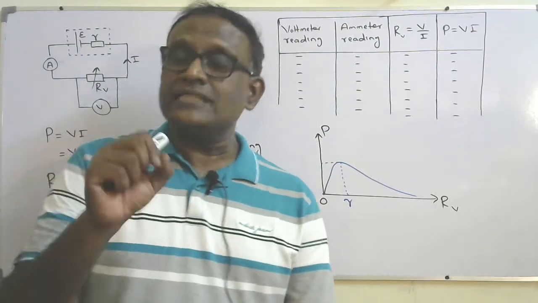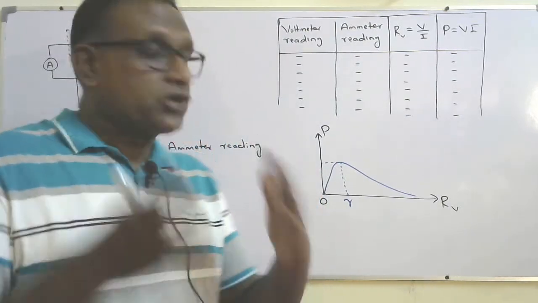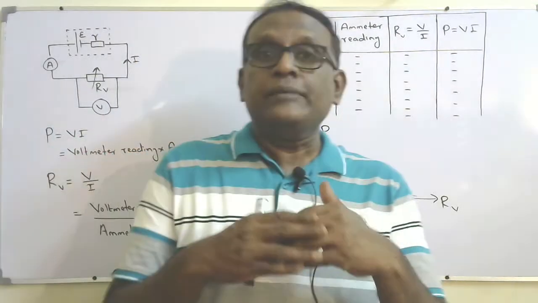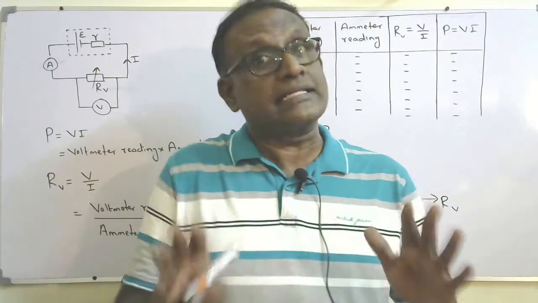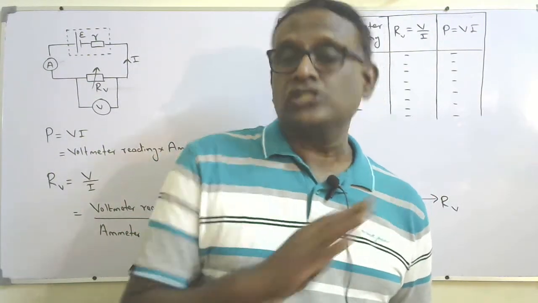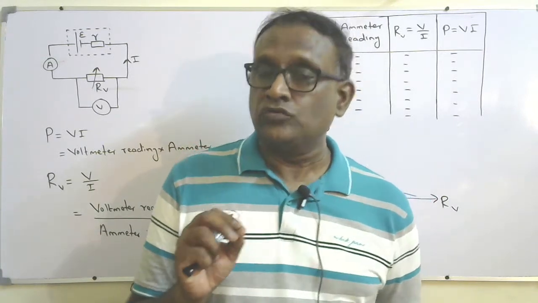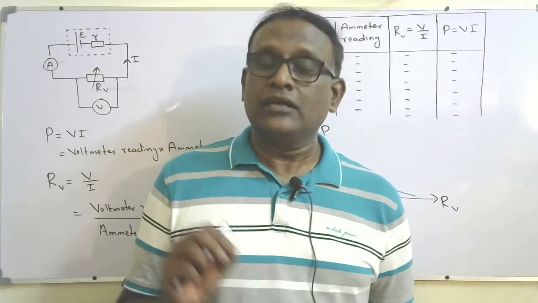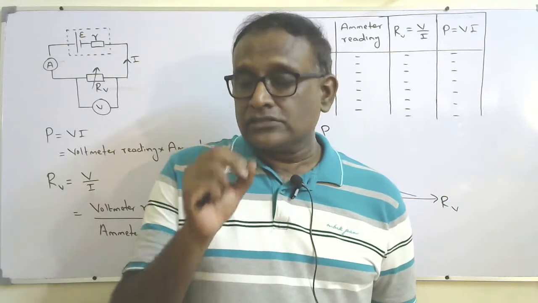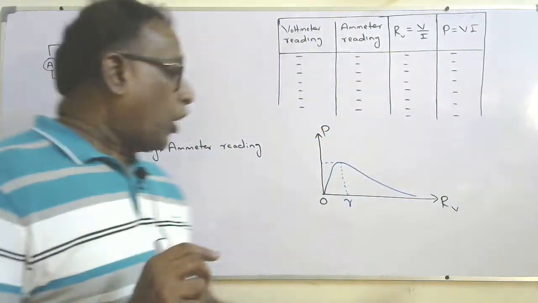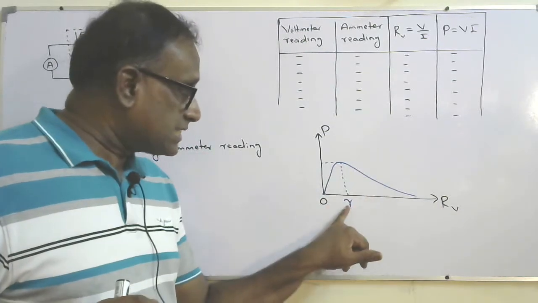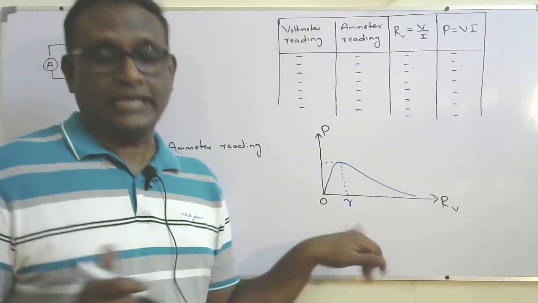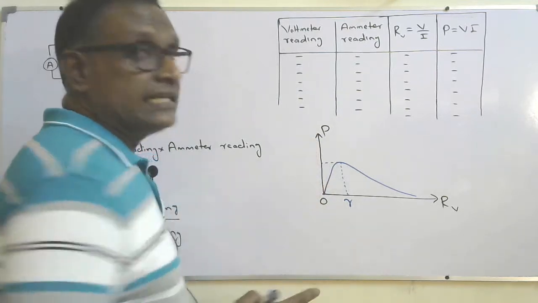Okay, but there's a wrong concept or wrong idea. Students think optimum power transfer to the external component means maximum efficiency. That also I can do mathematically, but I don't want to go into detailed mathematics. But you should remember that I can get optimum power in the external circuit when the resistance of the external component becomes equal to the internal resistance of the cell.